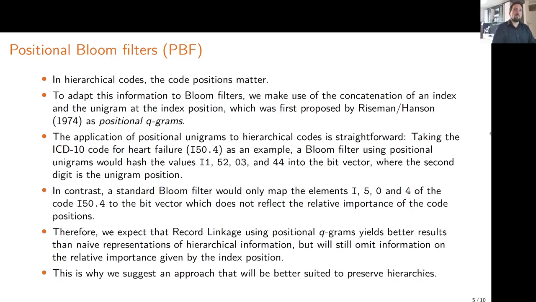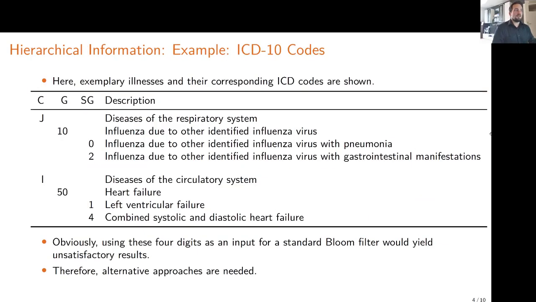This would now map more elements into the Bloom filter that are distinct, even though they are possible duplicates, meaning that if you have an ICD code that has a lot of zeros in them, like J100, the influenza, this would usually lead to the 0 being omitted, at least the last 0 is being omitted because the 0 is already hashed into the Bloom filter.